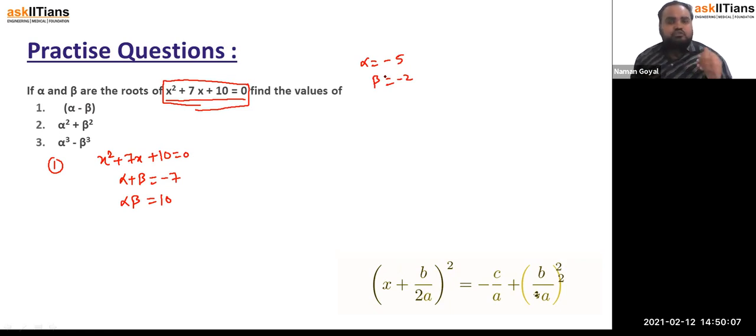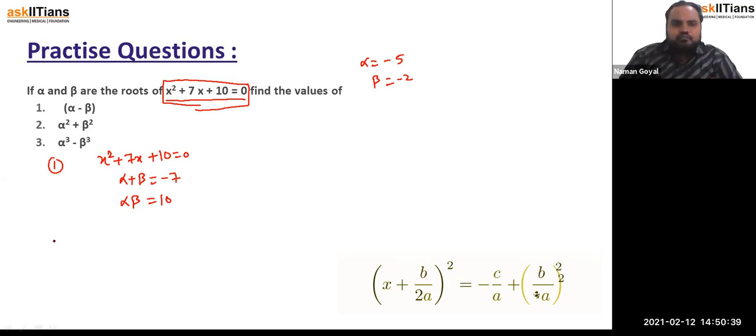If this question comes in your board exams and it is written as without finding the actual roots, you have to find the value of alpha minus beta, alpha square plus beta square, alpha cube minus beta cube, then how can you do that? Or if the quadratic equation is given such that we cannot find its roots, how can we do this? So listen carefully.